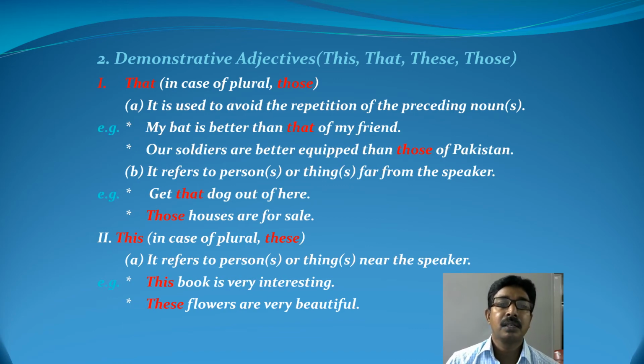Now let us learn the demonstrative adjectives this, that, these, those. That is used to avoid the repetition of the preceding nouns. For example, my bat is better than that of my friend.